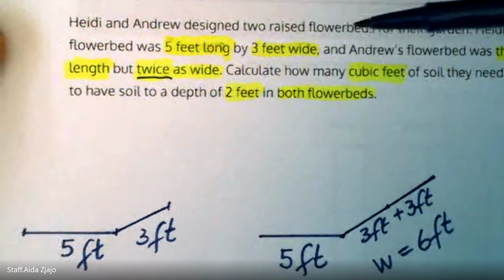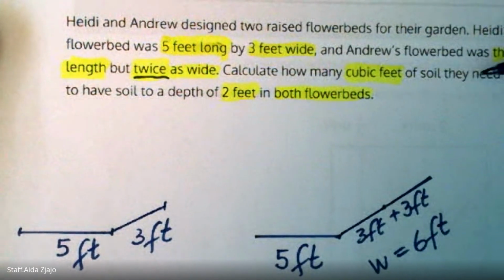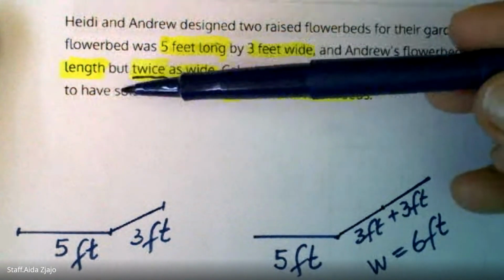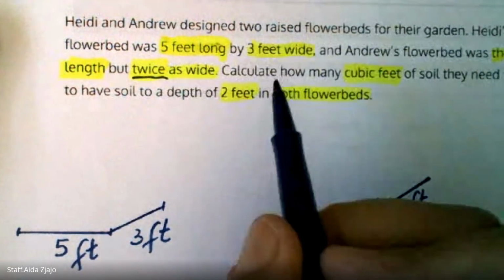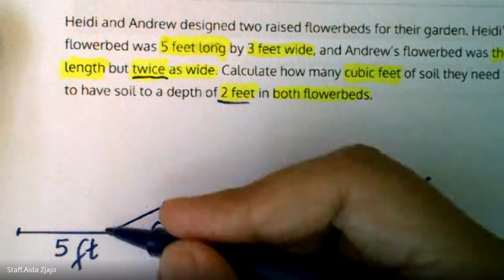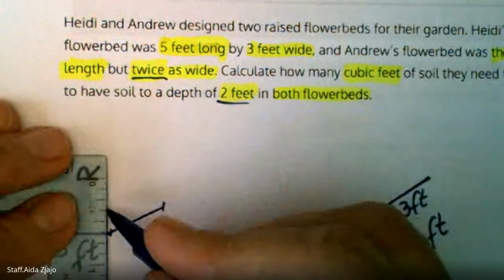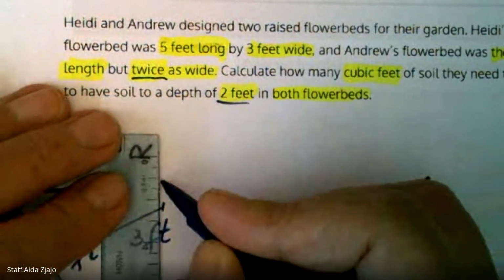Now they want us to calculate how many cubic feet of soil they need to buy to have a soil depth of 2 feet. So depth means their height. So it's going to be a 2 feet height.